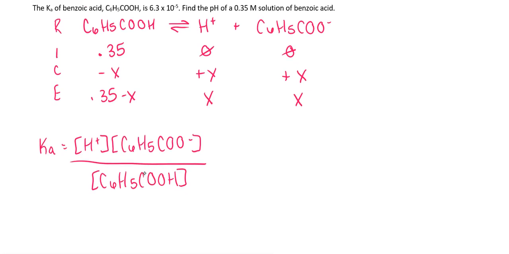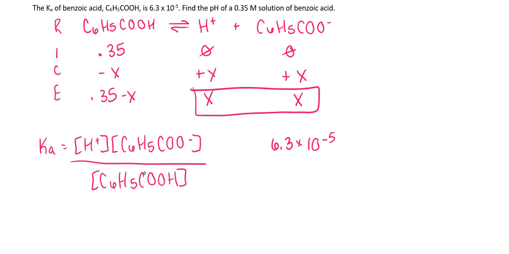The Ka is given to us in the problem, 6.3 times 10 to the negative fifth. For my products, I'm going to have X times X, which is X squared, over my reactant. And again, I'm going to assume that X is negligible to avoid the quadratic formula.